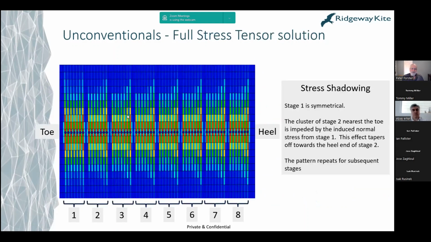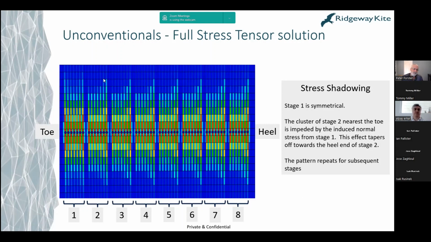If we use the full stress tensor, then we can see the effects of this on the propagation of the fractures as the well is pumped. So if we look at the frac on the left here, this stage here is symmetrical from one side to another, but the outermost fractures have progressed further out from the well than the innermost ones, because the stress shadowing effect is limiting the inner clusters.